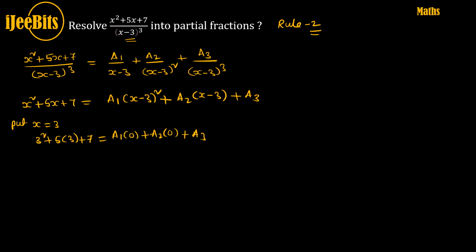So this is 9 plus 15 plus 7. 9 plus 15, how much? 24. 24 plus 7, how much? 31. So 31 equals your a3.